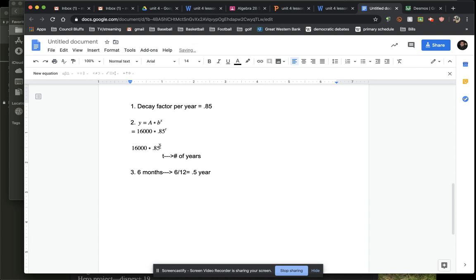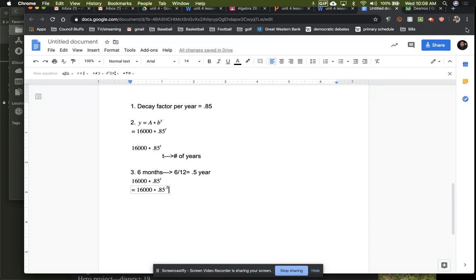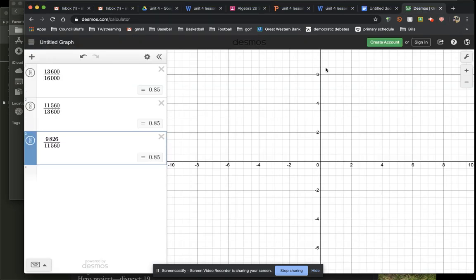So when I plug in to my equation that I figured out in number two, I'm not going to plug in 6. I'm going to plug in a half, because 6 months is equal to a half of a year. So that's going to be 16,000 times 0.85 to the power of 1/2. Let's see what that ends up being.